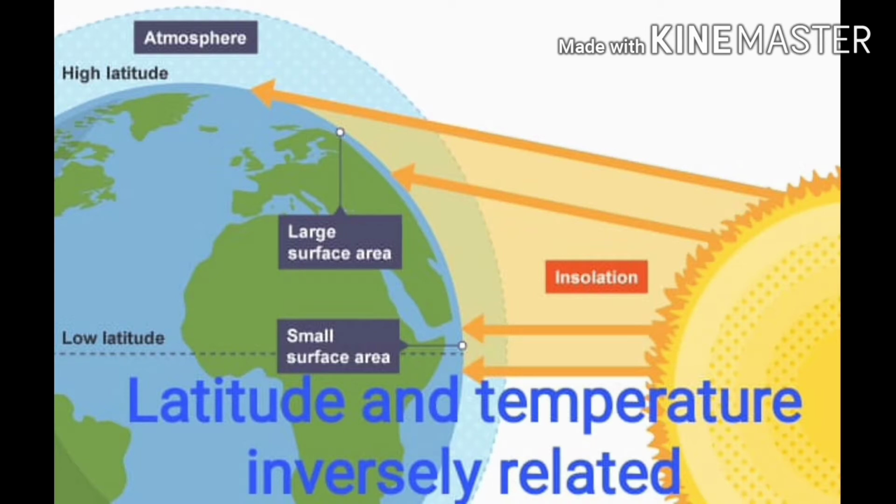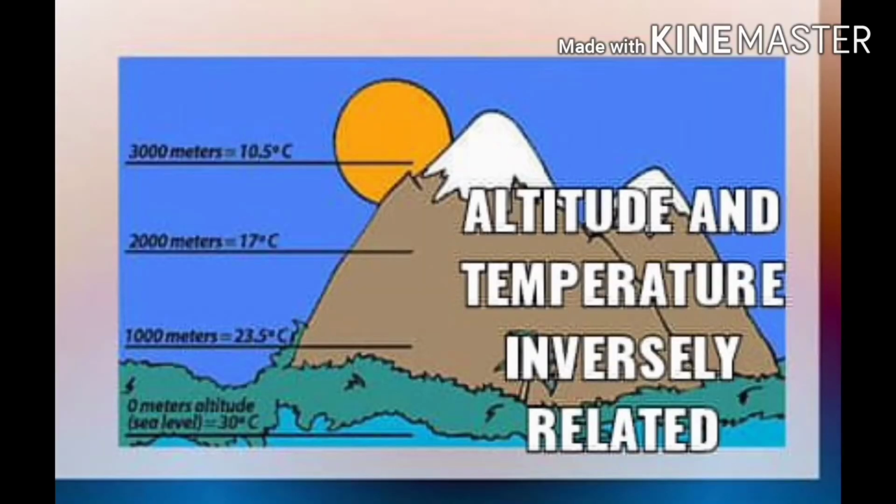On approaching the poles, the angle of incidence of the sun rays becomes more inclined. As a result, there occurs more energy loss as the sun's rays have to travel more through the atmosphere owing to its inclination. Another factor that influences the distribution of temperature is altitude.